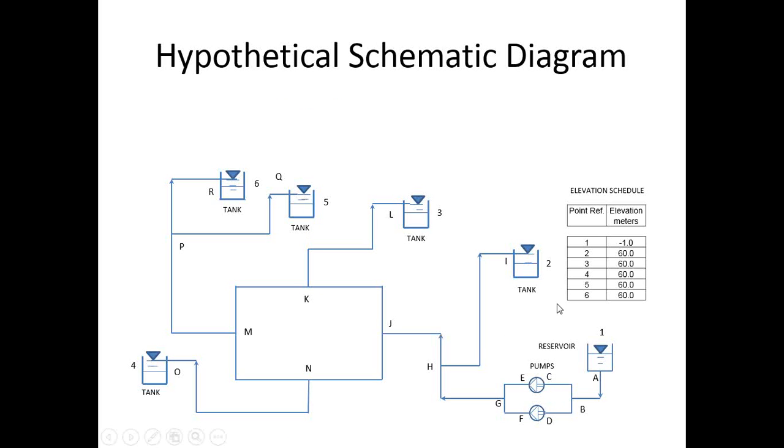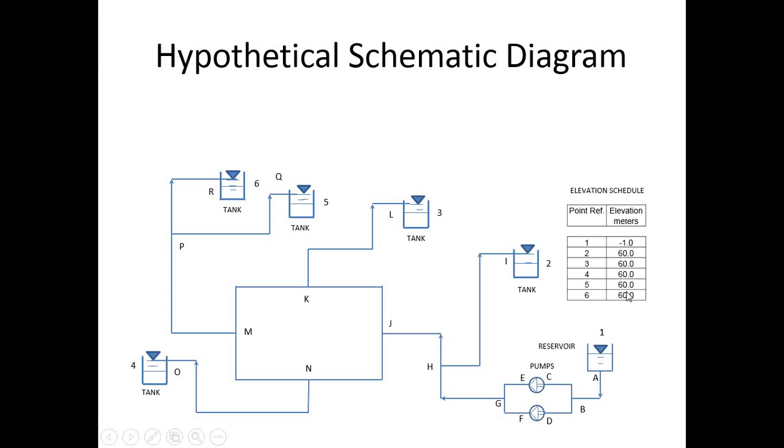The reservoir is labeled as 1 and the overhead tanks as 2, 3, 4, 5, and 6. The table shows the elevation of the tanks.